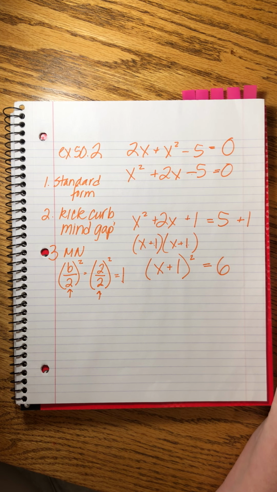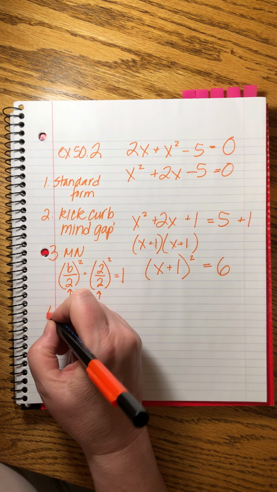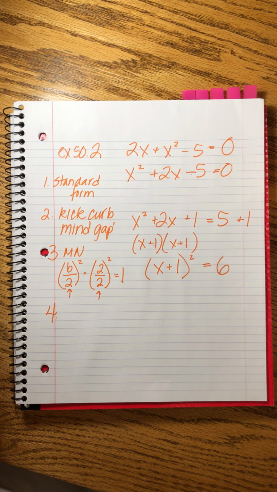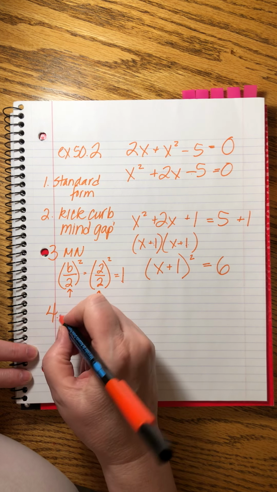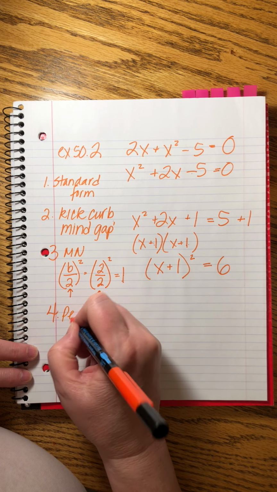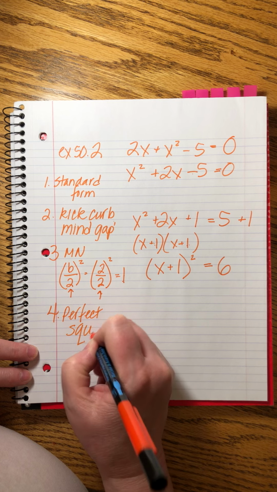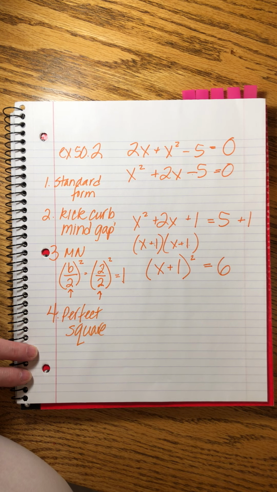Okay. Now we're at the place where we, what did I call this step? Perfect square. Oh no, we did that already. The 5th step is to solve.